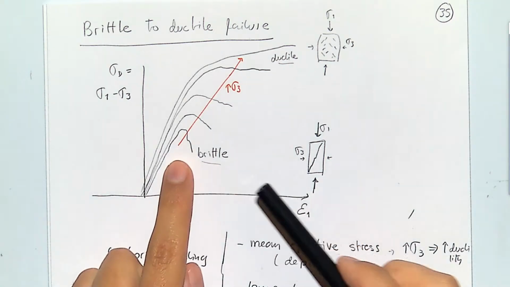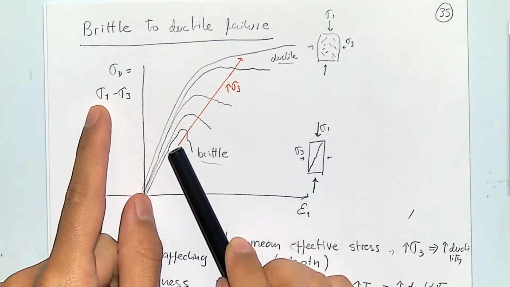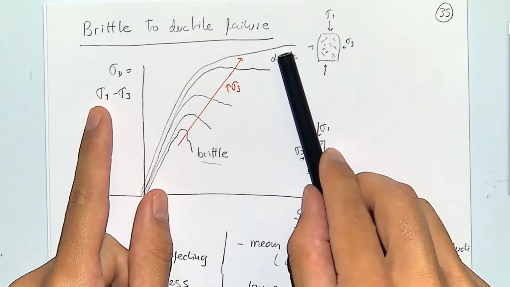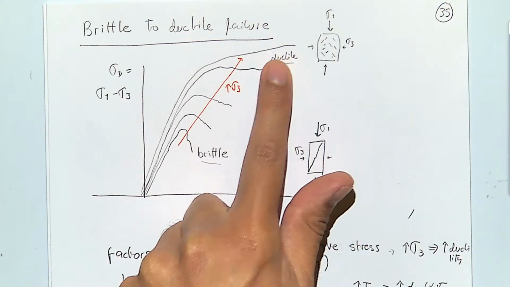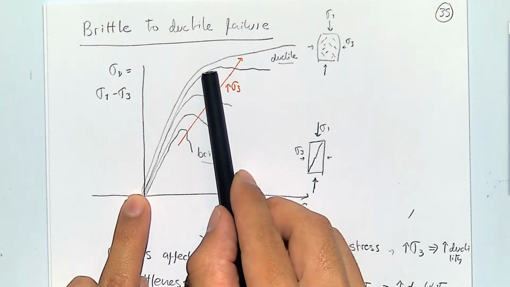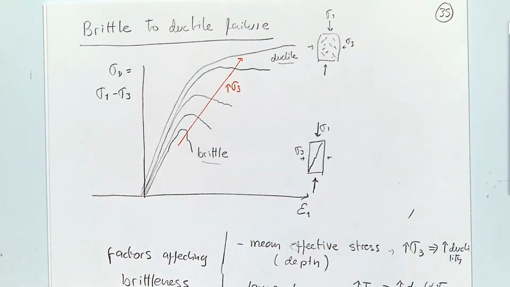And when you look at the stress-strain curves, it goes from something with a very well-defined peak to something that rolls over, and sometimes it may never reach a maximum. The perfect ductile failure would be a failure in which it increases up to a point and then it just continues yielding at a constant value.